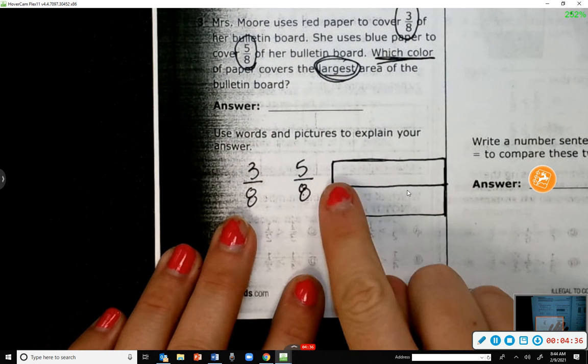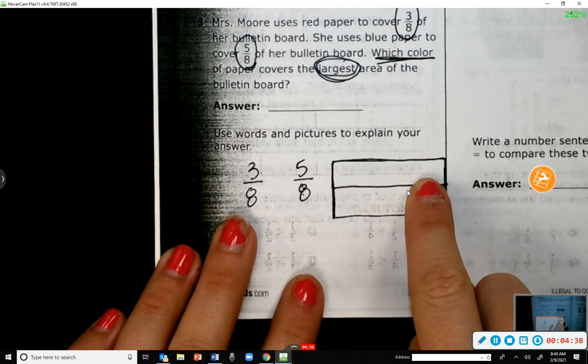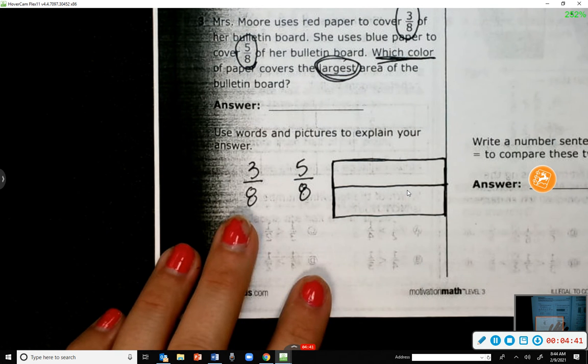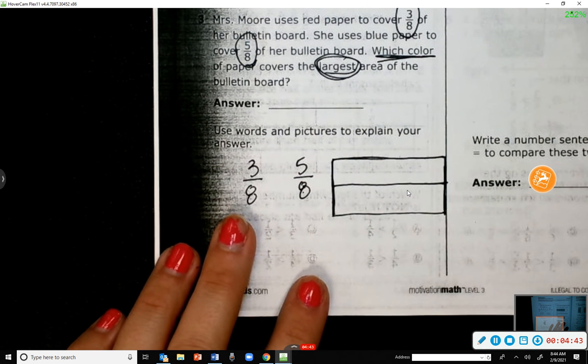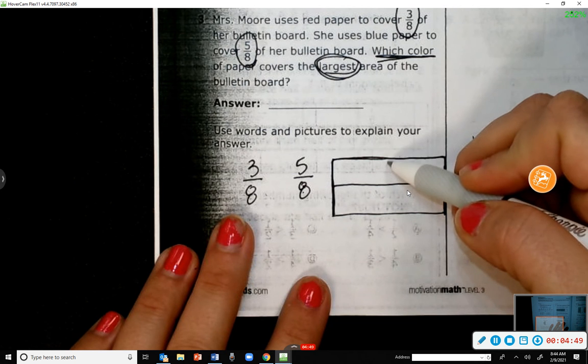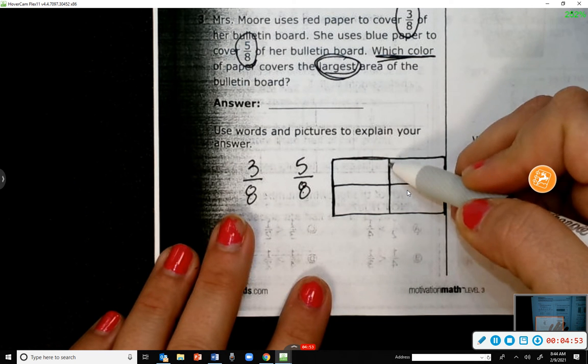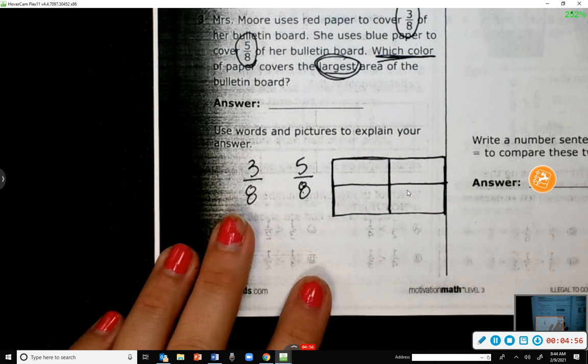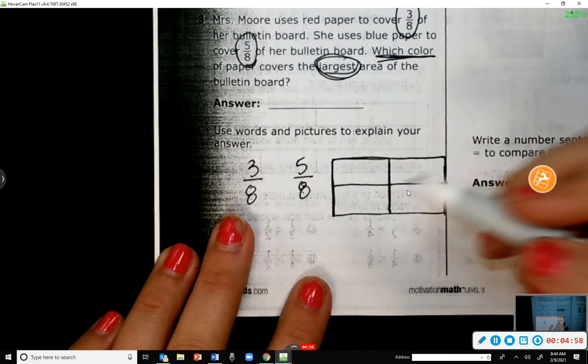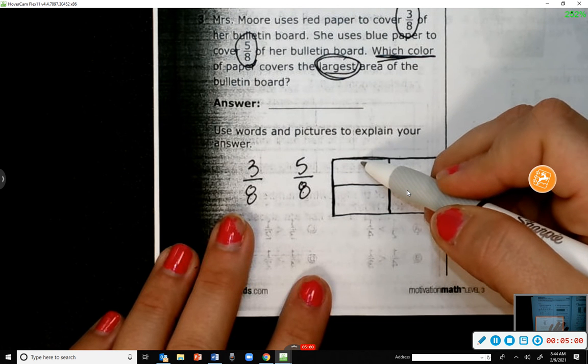So now I have 2 fraction strips. And I need to cut it into how many pieces, Bryson? Eight total pieces. So what I like to do first is cut it right down the middle. We could do it on both. Okay, and then you're going to cut the sides down the middle.